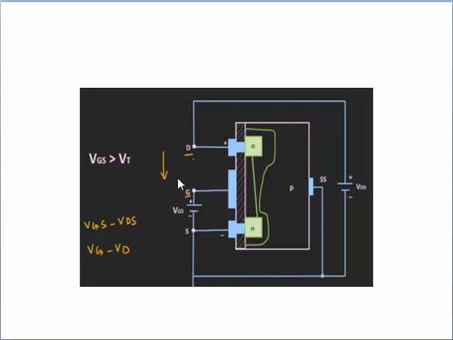As the source or substrate terminal is grounded, we can say that this difference is equal to VG minus VD. VG is the effective voltage at gate terminal and VD is the effective voltage at drain terminal. So as the value of this voltage VD increases, the difference between the two voltages will reduce.